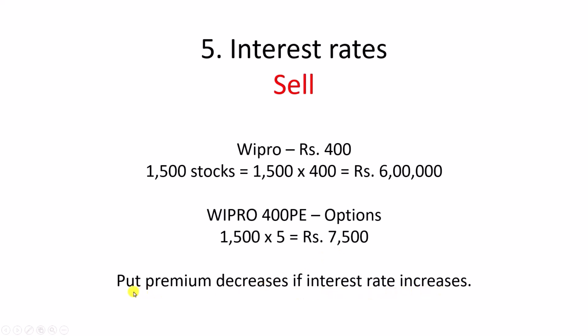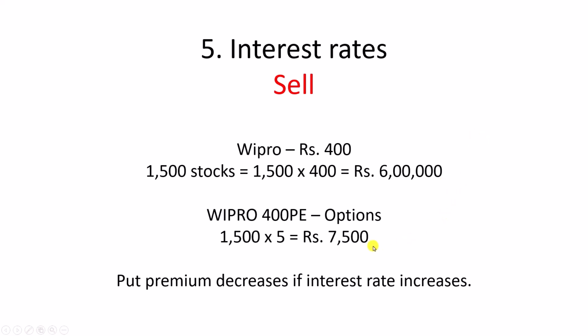Now assume the put option to be a person. The put option says you could have earned 6 lakh rupees by short selling this much stock, and the amount you obtained from short selling you could have invested and earned interest from it.